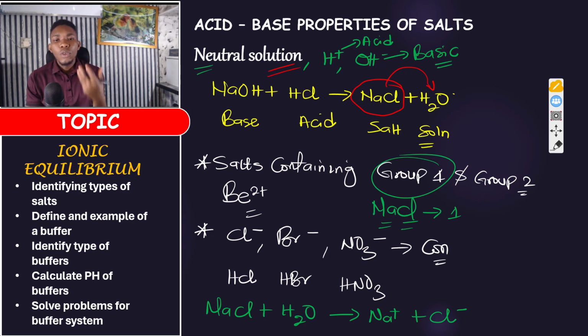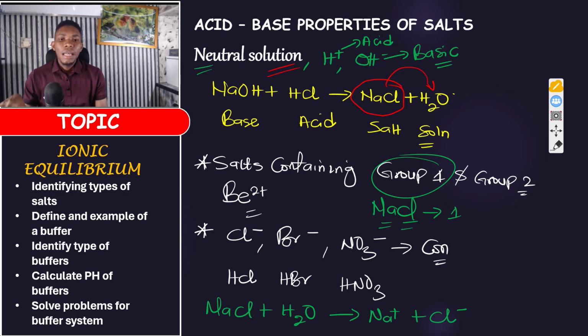So if you are asked to give what neutral salts are, you can say neutral salts are formed when acids and bases react and completely neutralize each other to form a salt, such that when that salt is dissolved in water, it forms a neutral solution. Do you get it?